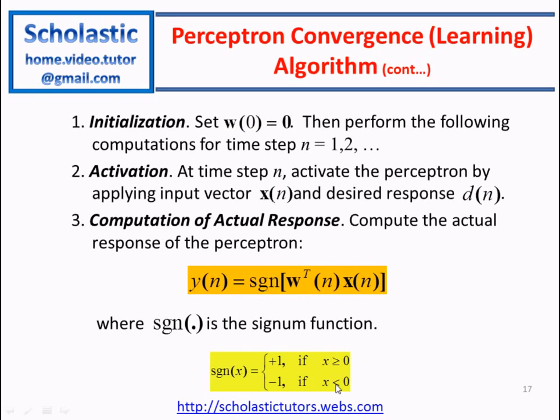The earlier function was 0 and 1. Now this function goes between negative 1 and positive 1. So this is my weight vector, this is the input vector, multiply them together and send it through the signum function. If this is positive, you get a positive output. If this is negative, you get a negative output. So that's our mathematical definition.